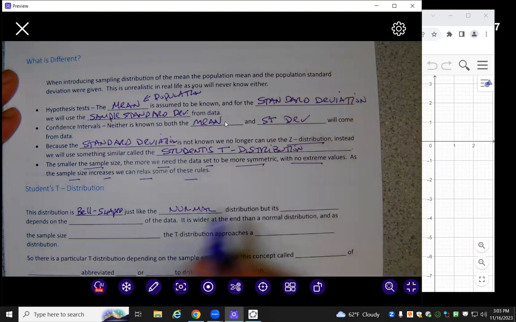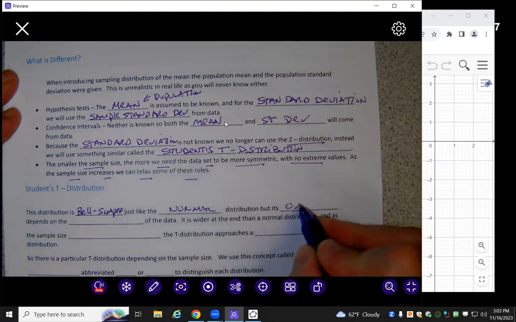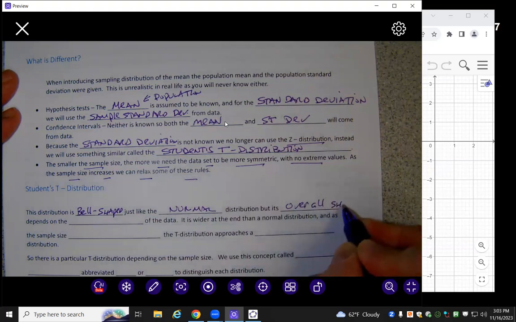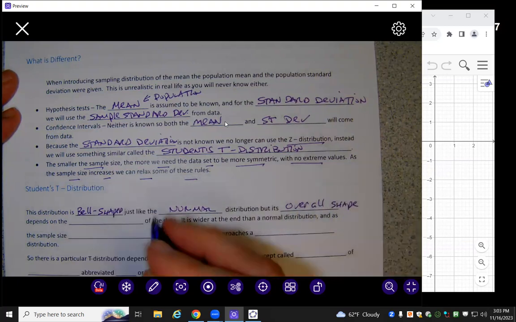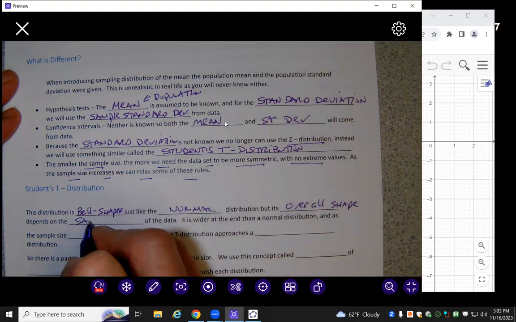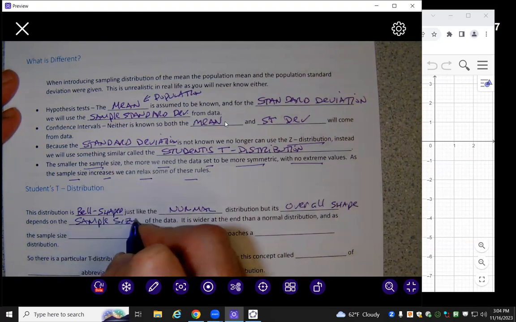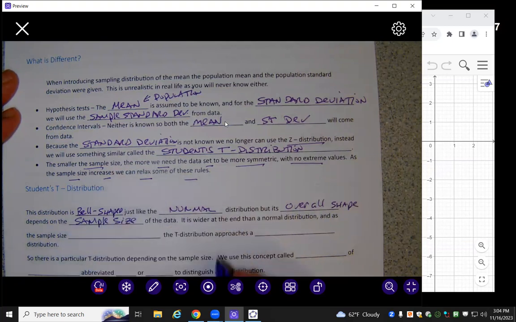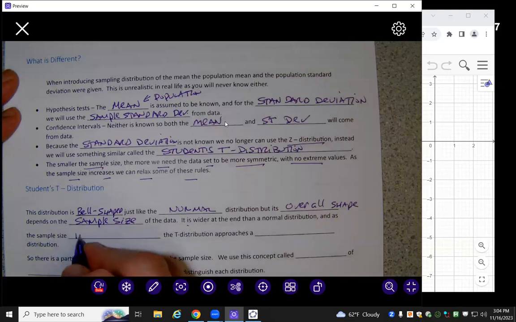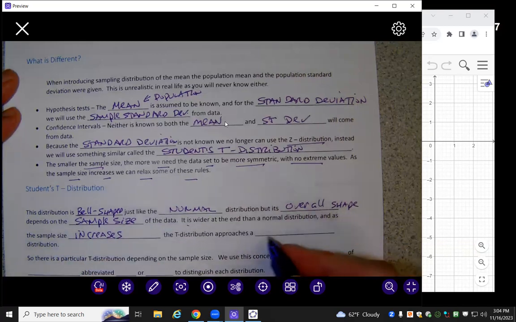But its overall shape depends on the sample size of the data. It is wider at the ends than the normal distribution, and as the sample size increases, the t distribution approaches a normal distribution.